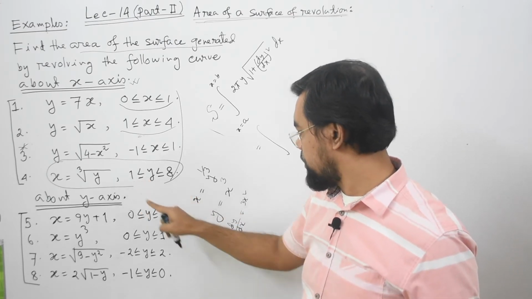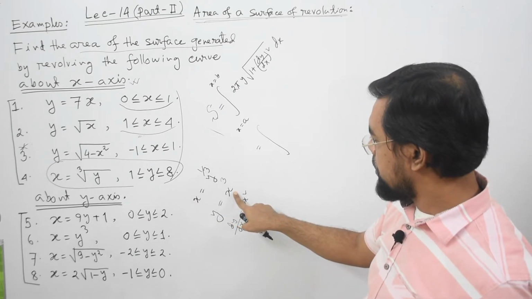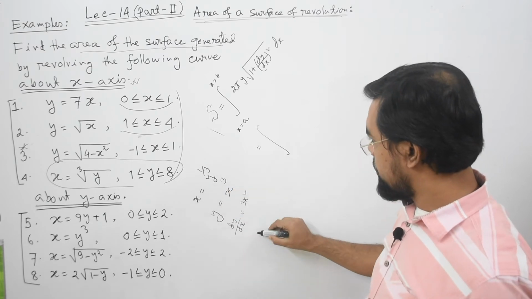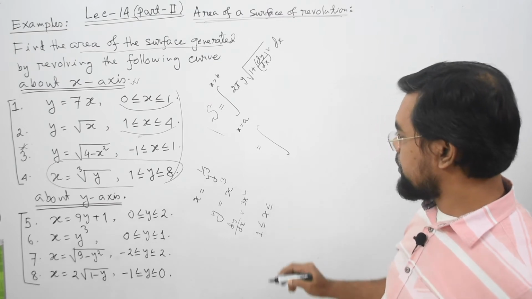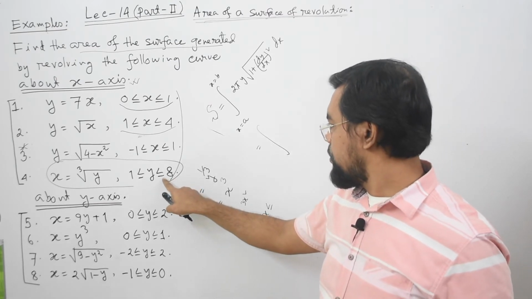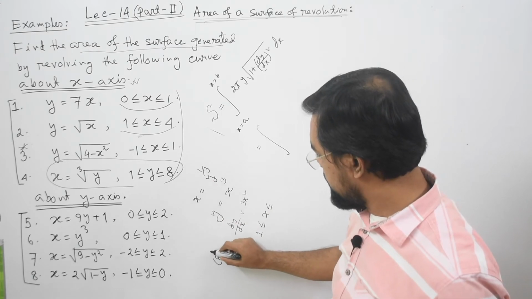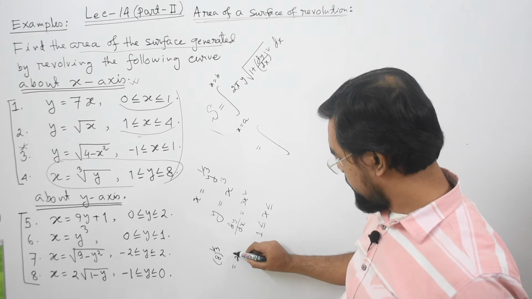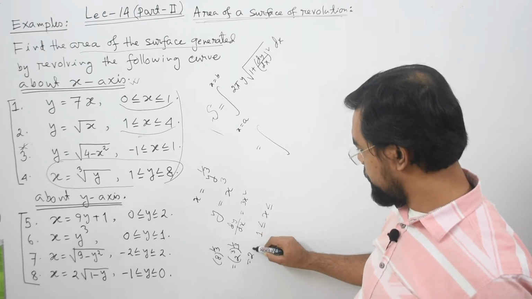When y equals 1, x equals what? x equals 1. So the range for x will be, when y equals 8, 8 to the power 1/3 will be 2 cubed, all to the power 1/3, which will be 2.